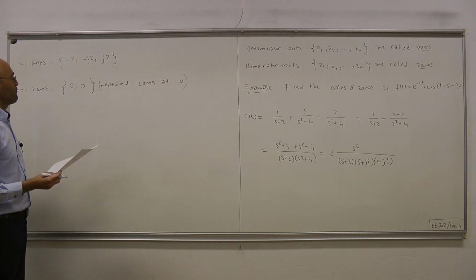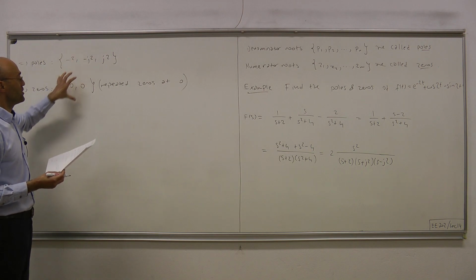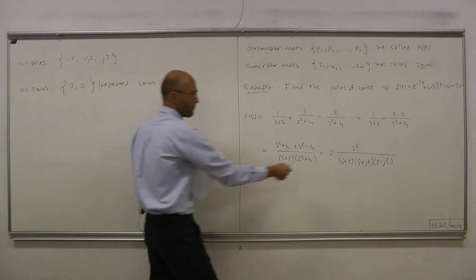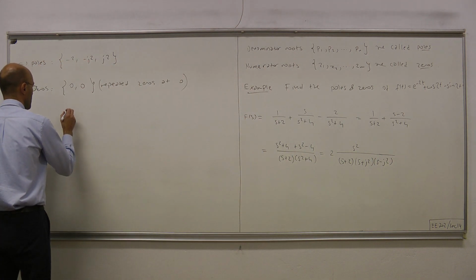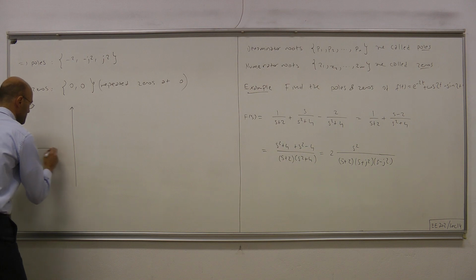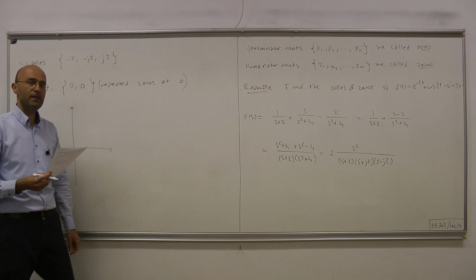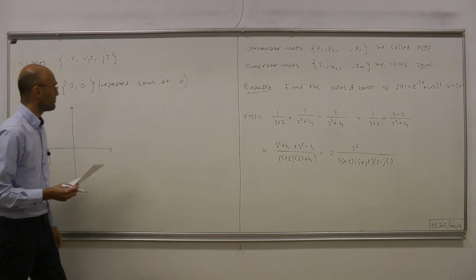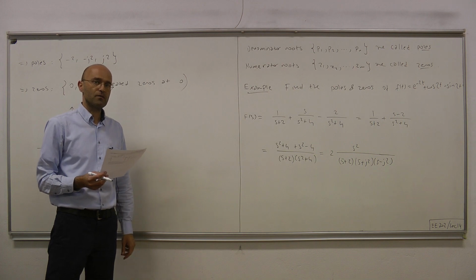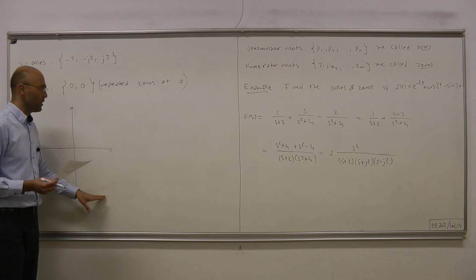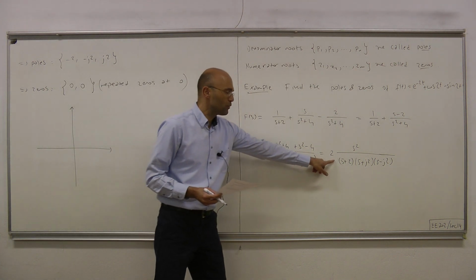Now finally what we do is we express this information together with the scale factor on the complex plane. Conventionally, the poles are marked with little crosses and the zeros are marked with tiny circles, and somewhere on the picture you write the scale factor, k equals 2.